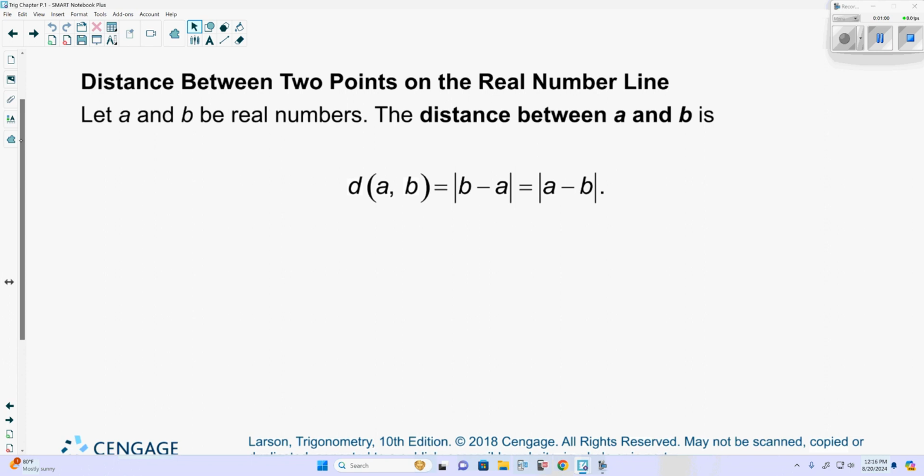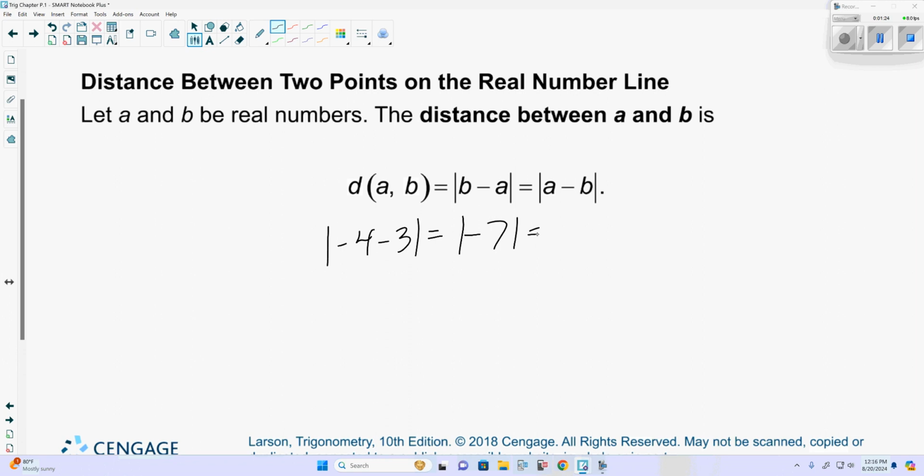Now, really we can flip it either way, B minus A or A minus B. And the reason for that is because the only thing that's going to change between the two is the sign. So the one that they had before, -4 and 3, is -4 minus 3, which is equal to the absolute value of -7, which is 7.